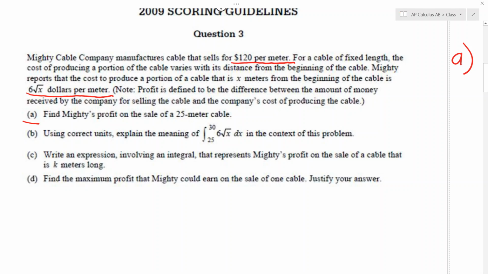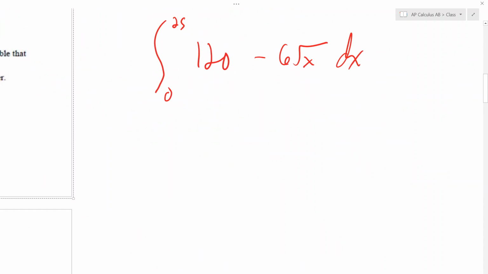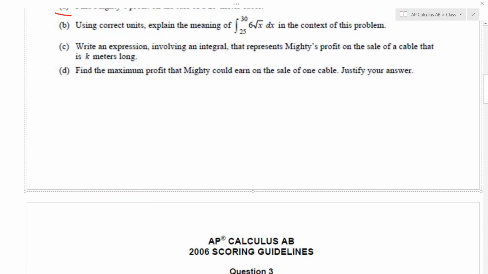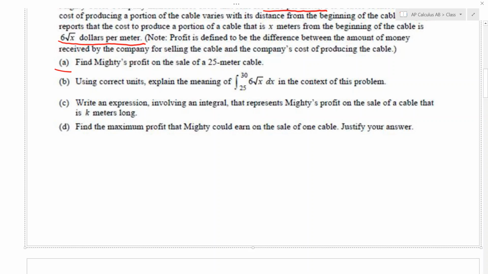Does that make sense? It's the difference between making a 30-meter cable and a 25-meter cable. You could also say that it's the cost to make between the 25th and the 30th meter of a cable. Okay? All right, I'm not going to write that all out. You can look it up in the answer key. They explain it pretty much like what I said there.